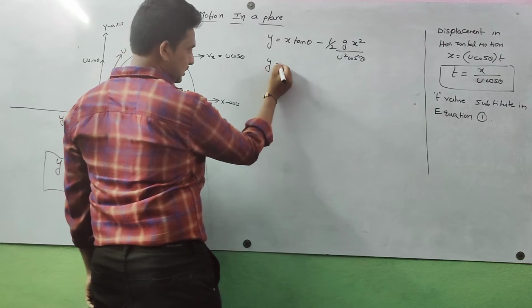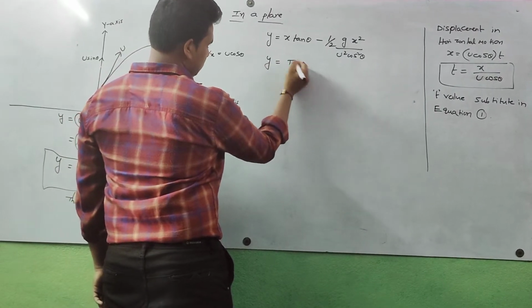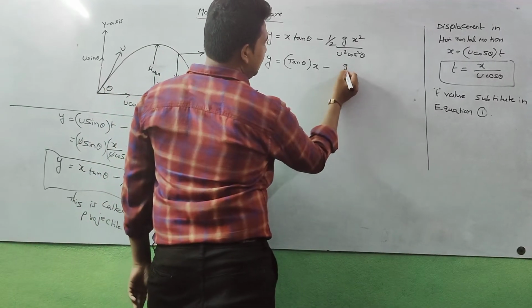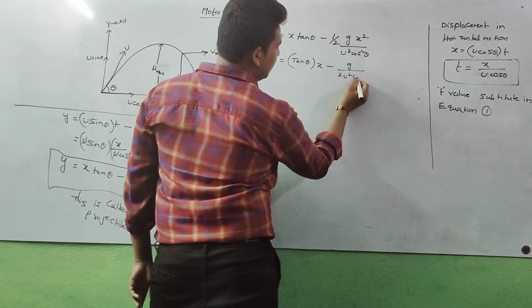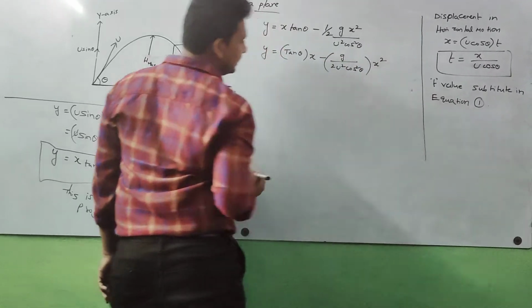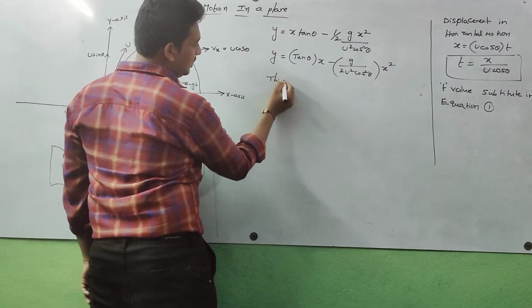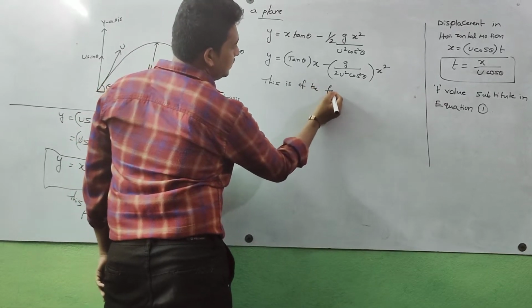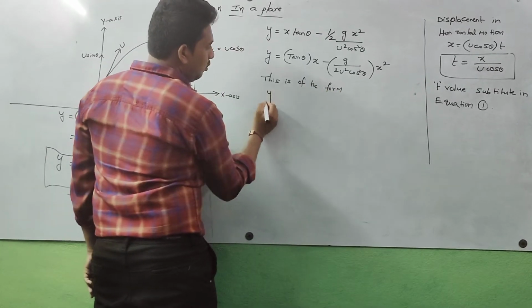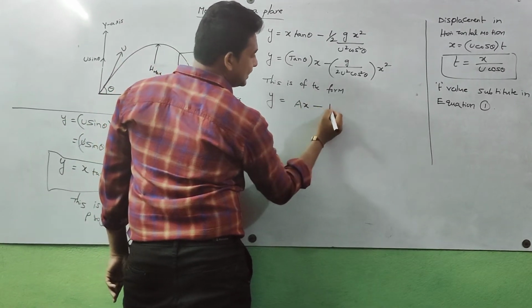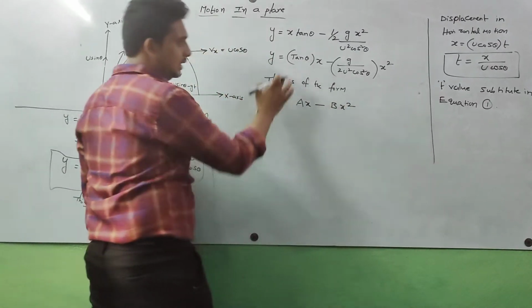This can be written as y is equal to tan theta into x minus g by 2u square cos square theta into x square. This is of the form y is equal to ax minus bx square. Is it or not? Compare these two.